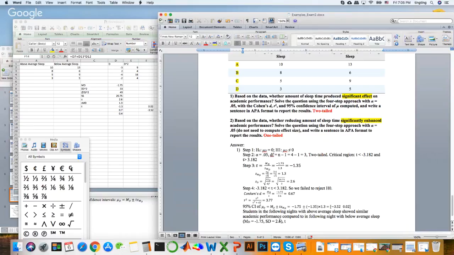And then we report the t, right? Degrees of freedom, which is 3. Value, because it's not in the critical region.